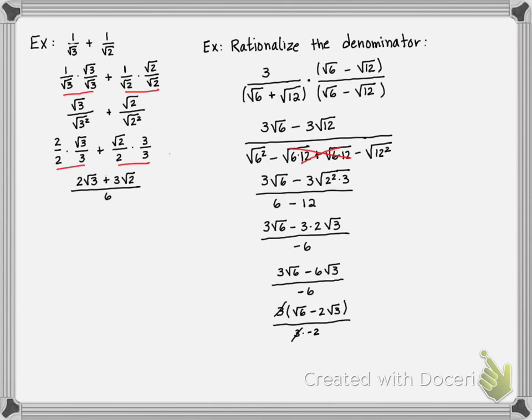And so you're going to end up with the square root of 6 minus the square root of 3 all over negative 2. Oh, I forgot a 2. I'm sorry. So root 6 minus 2 root 3 all over negative 2.